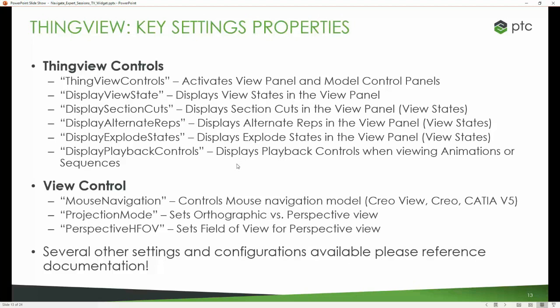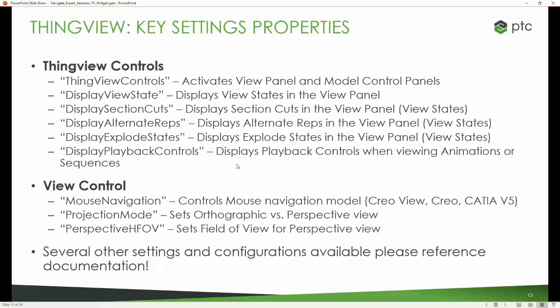In addition to providing the UI controls, we also have some control over how the user views things. So mouse navigation is an important one because typically your users are very used to interacting with 3D content in a specific way. We have 3 different mouse control navigation models available.